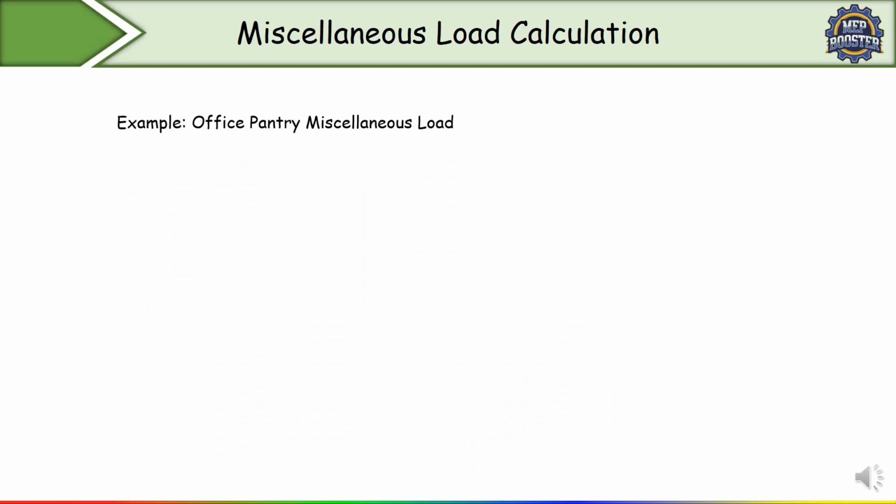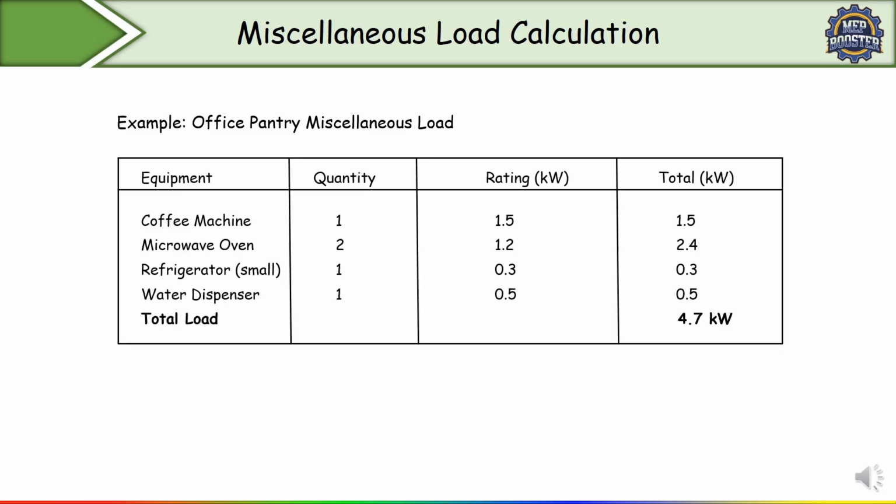So we'll take an example. Suppose here we have an office pantry, and for this we need to calculate the miscellaneous load. First of all, you need to list all equipment. So see, equipment is given. Suppose here in the office pantry we have a coffee machine, microwave oven, refrigerator and water dispenser. Their quantity and rating are given. First list out all equipment, then note down the power rating.